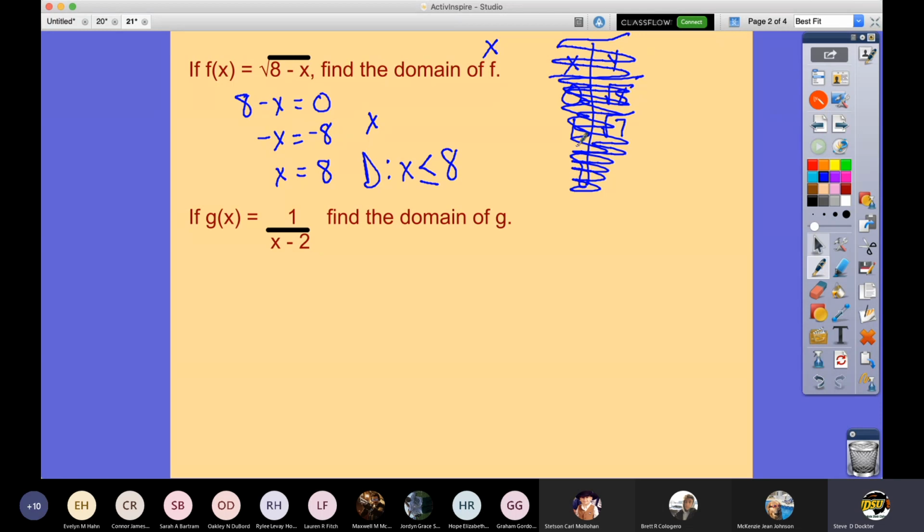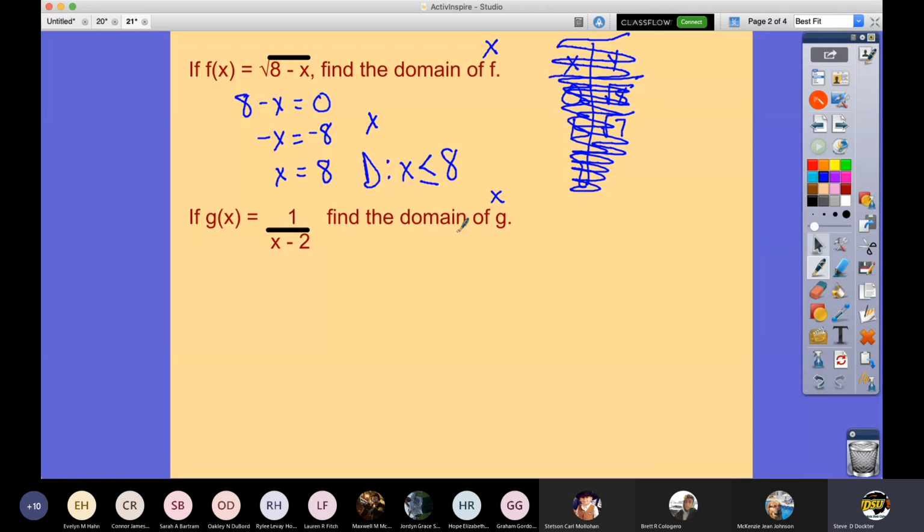For the bottom, if g of x equals 1 over x minus 2, find the domain of g. So once again, tell me all the x values that are going to work here.